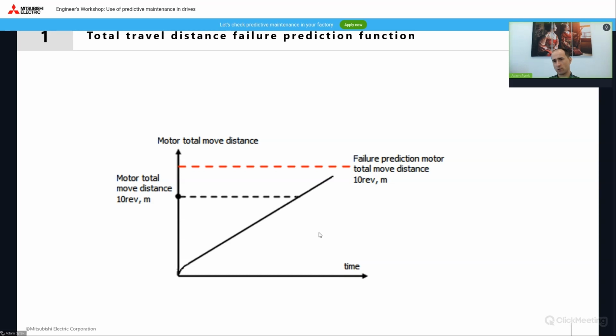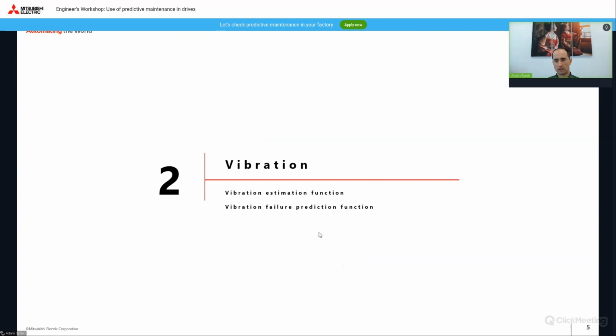So here, basically, we input to the servo amplifier some kind of limit, and if the limit is exceeded by the real axis, a warning occurs on the axis, and we know that we should make some inspection of this axis.